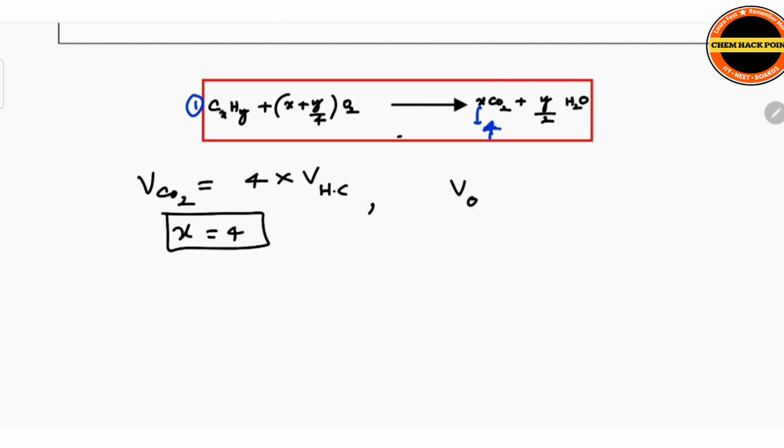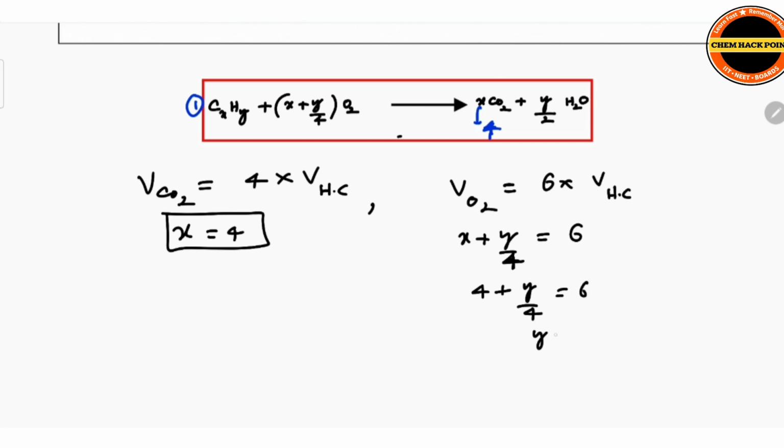Similarly, volume of O2 is 6 times volume of hydrocarbon. Volume of O2 is x + y/4, so x + y/4 is equal to 6. X is 4 here, so x + y/4 is equal to 6.